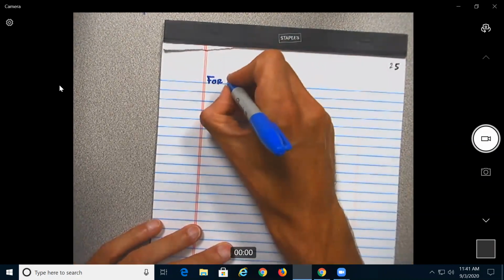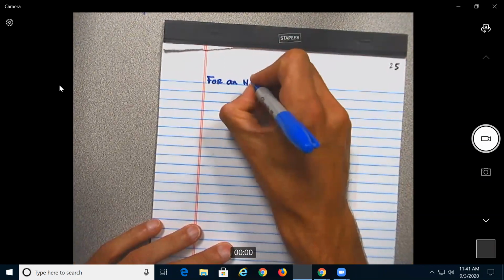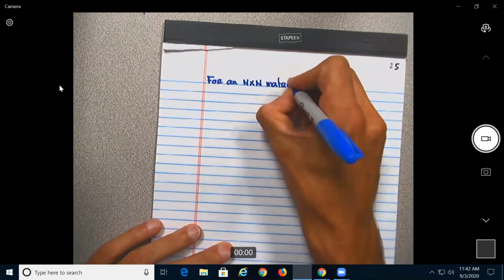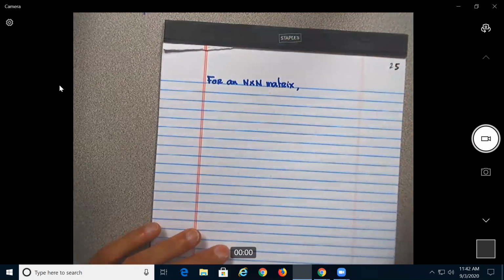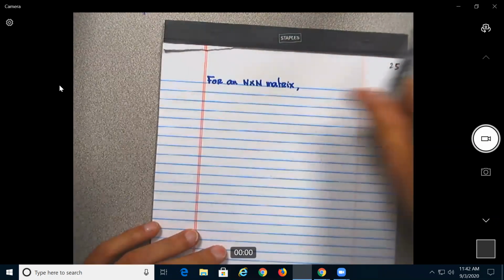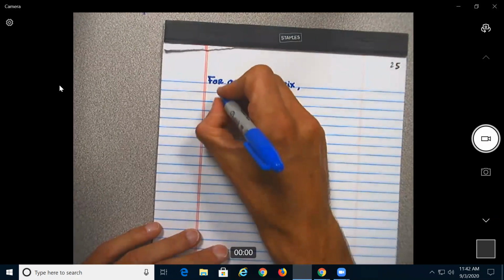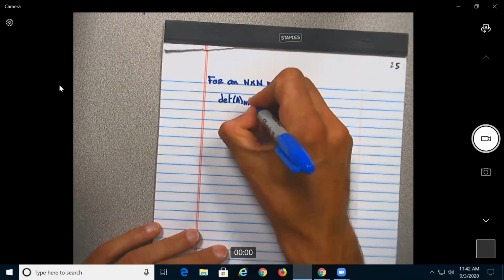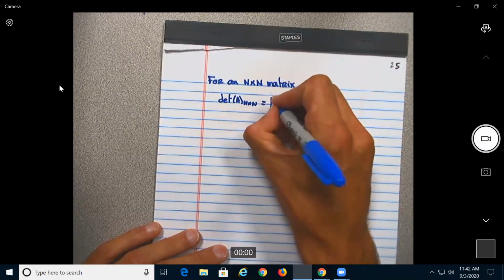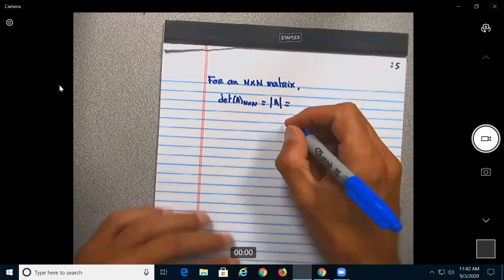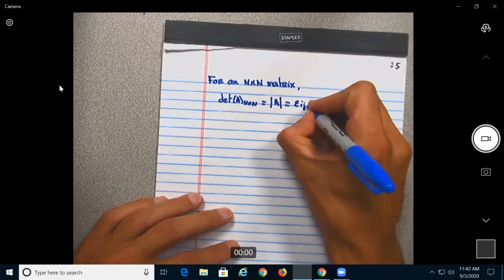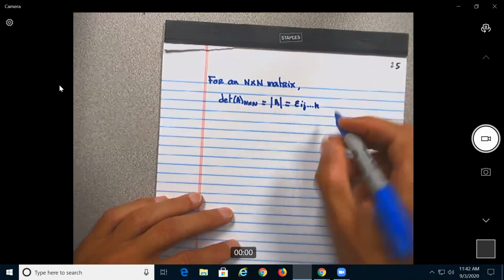So for an n times n matrix, the determinant of A, n times n, would be equal to the epsilon ij, depending on the dimension.